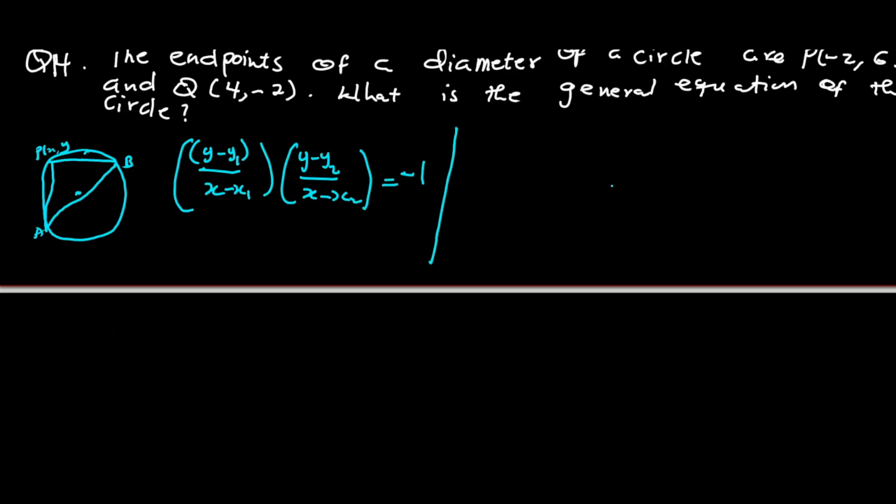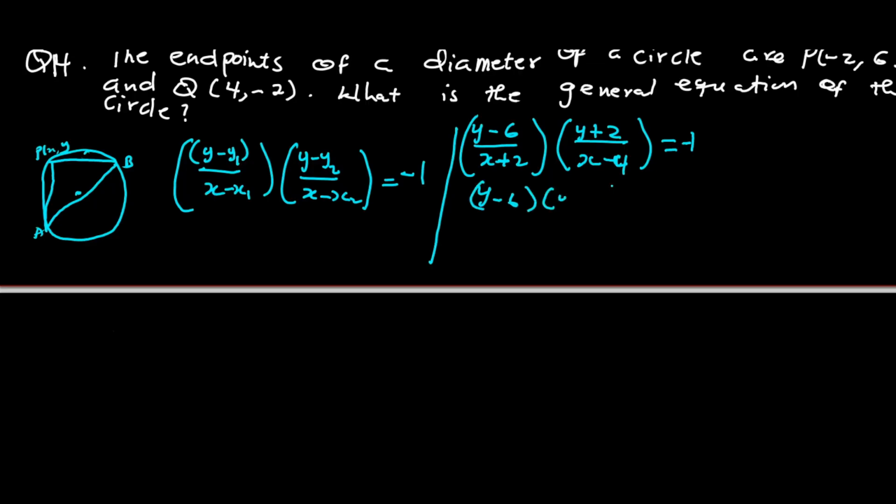We substitute everything: y minus y1, which in our case is 6, over x minus x1, which is negative 2, so positive 2. Then we have y minus y2, which is negative 2, so y plus 2, over x minus 4, and that should give us negative 1. Alright, so we simplify this and we have y minus 6, and then we have y plus 2.